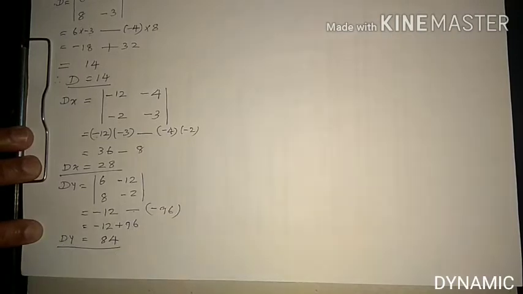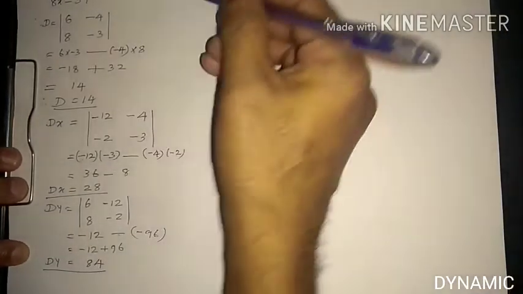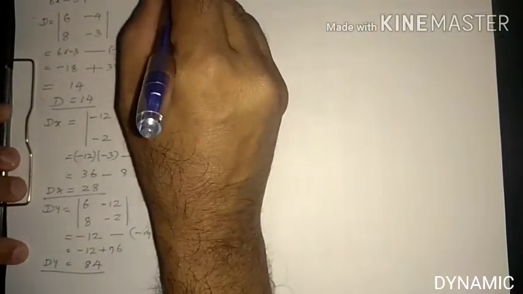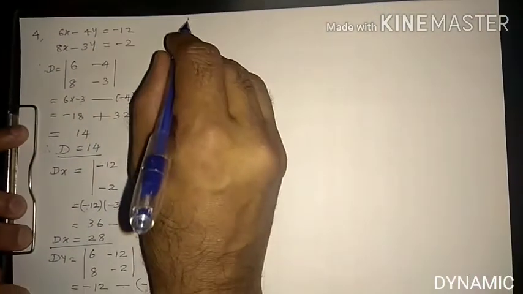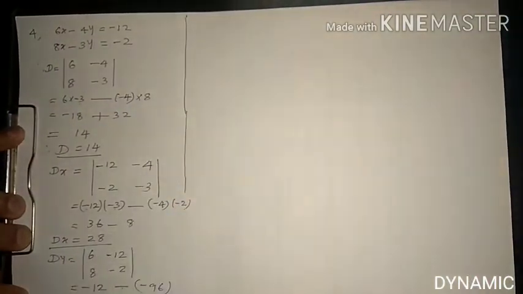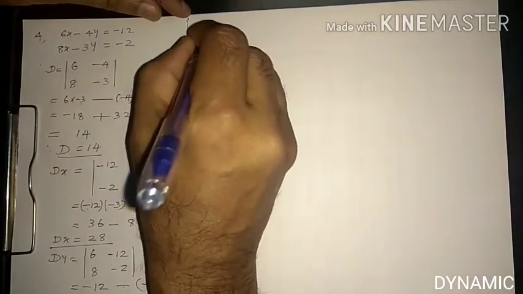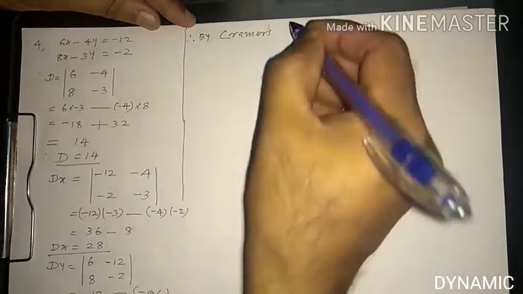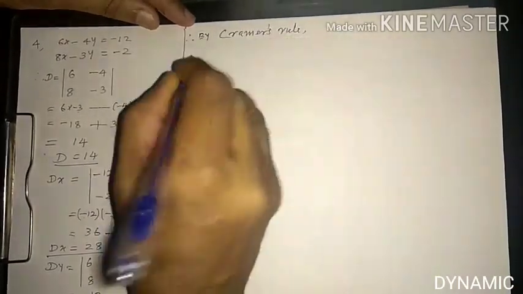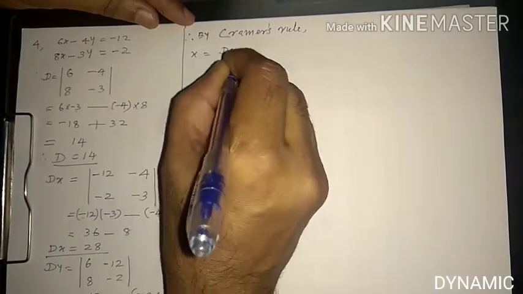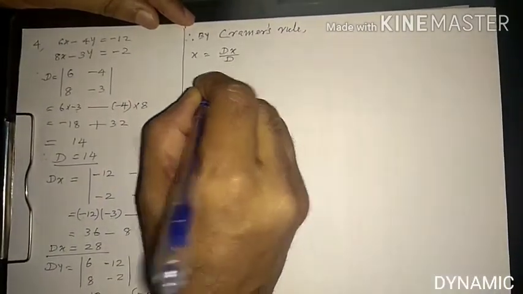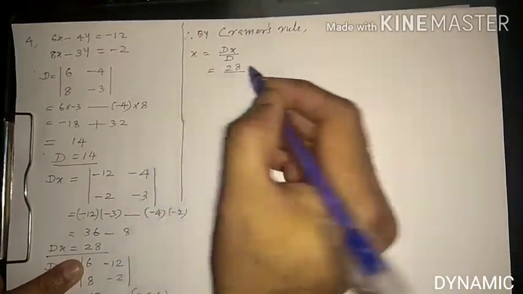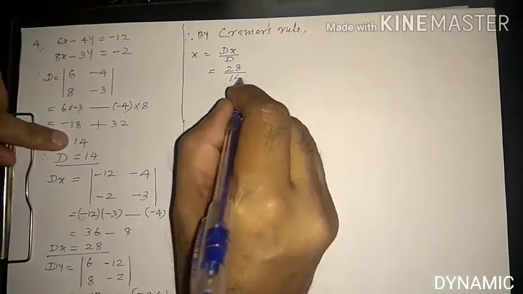Dy. Now we want by Cramer's rule. Therefore, by Cramer's rule, x is equal to Dx by D. Dx we have here 28, upon D we have 14.